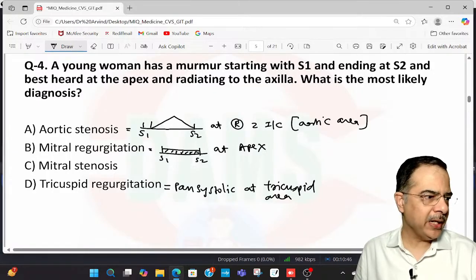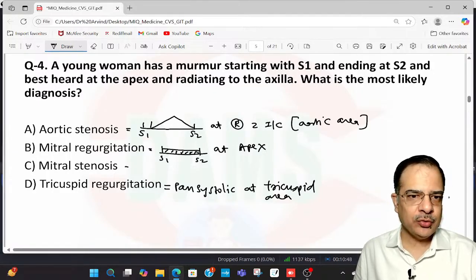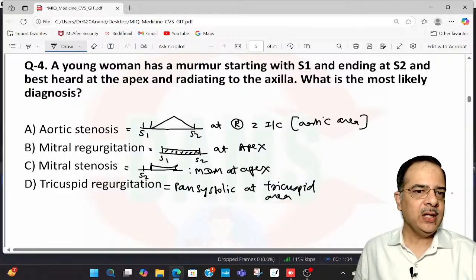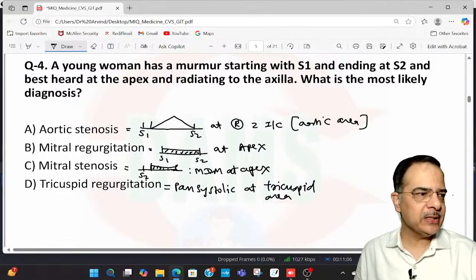At the tricuspid area, yes. And mitral stenosis is a mid-diastolic murmur. Mid-diastolic murmur means it will be in the diastolic phase, like this. So this is a mid-diastolic murmur at the apex.